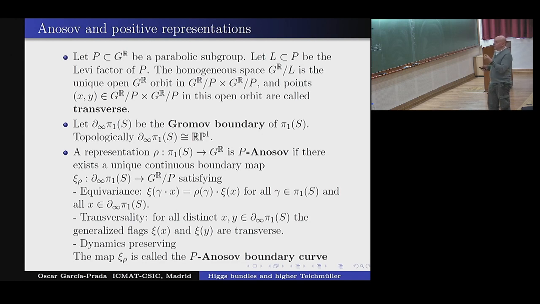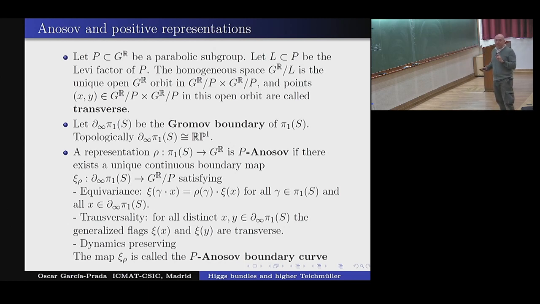So this depends on the parabolic; it's a notion depending on P. If there is a unique continuous boundary map from the boundary at infinity of the fundamental group into this flag variety, G_R/P, this continuous map must satisfy a certain equivariance condition for the action of pi_1 of S, and some transversality condition, and some dynamics properties. I'm really avoiding all this, mostly by incompetence.